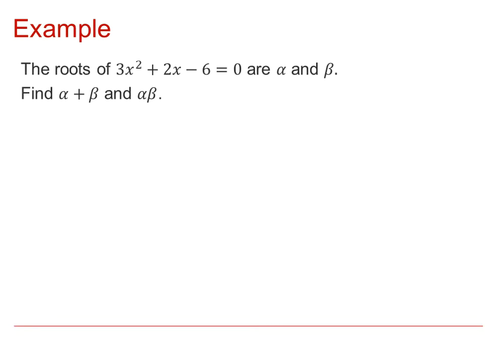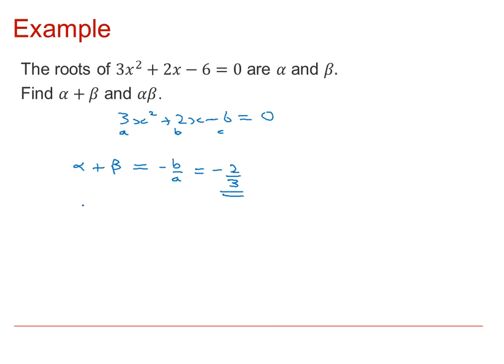So for example, if the roots of 3x squared plus 2x minus 6 equals 0 are alpha and beta, can we find alpha plus beta and alpha beta? So if we look at this quadratic equation again, then we know that this coefficient is a, this coefficient is b, and this coefficient minus 6 is c. So the sum of the roots is alpha plus beta, and we know that the sum of the roots can be written as minus b over a, so that is minus 2 over 3.